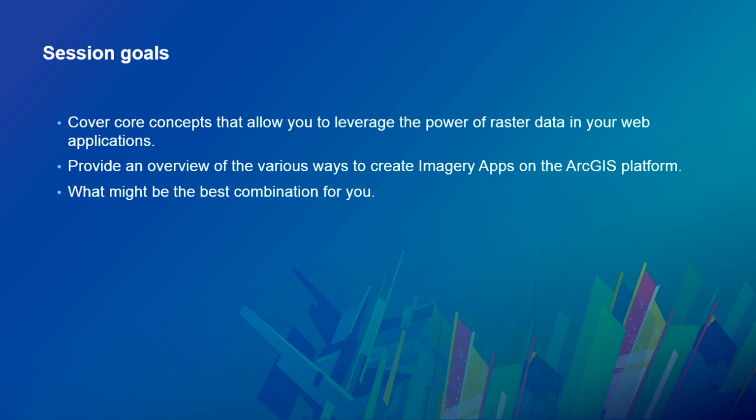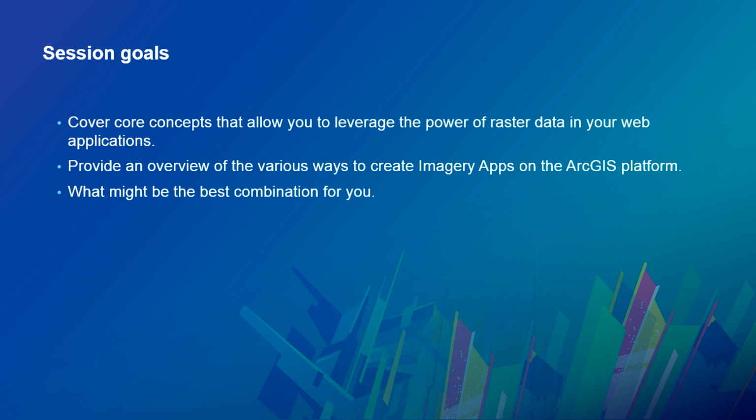Our goals for this session are really to introduce you to all of the different ways that you can go about creating imagery applications on the web. To that end, we will be starting with the core concepts to leverage your raster data through image services and the ArcGIS API for JavaScript.